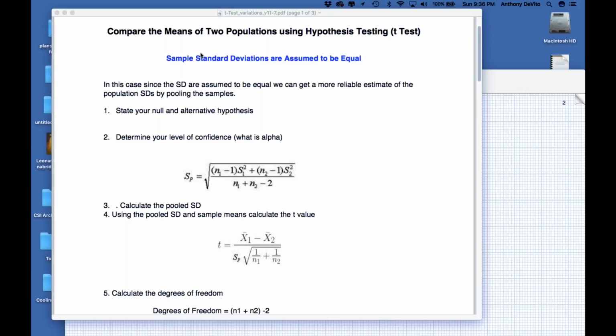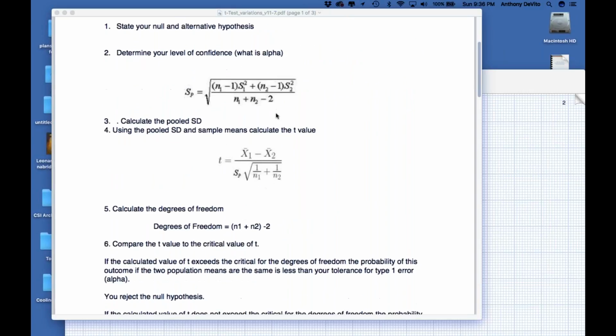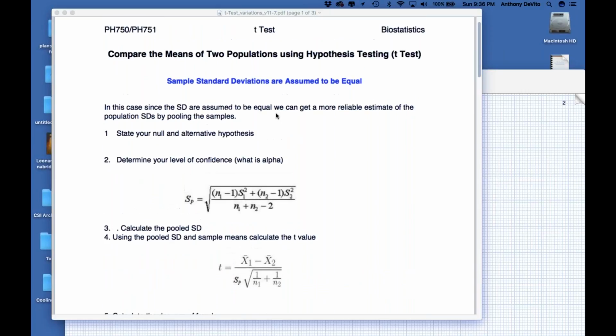So maybe I can pool those standard deviations and get a better idea of what the standard deviation is overall. Get a better approximation of the population standard deviation. So in general, this first set of formulas that you see here represents the calculations that we would use if we're going to assume that the standard deviations in the two groups are equal.